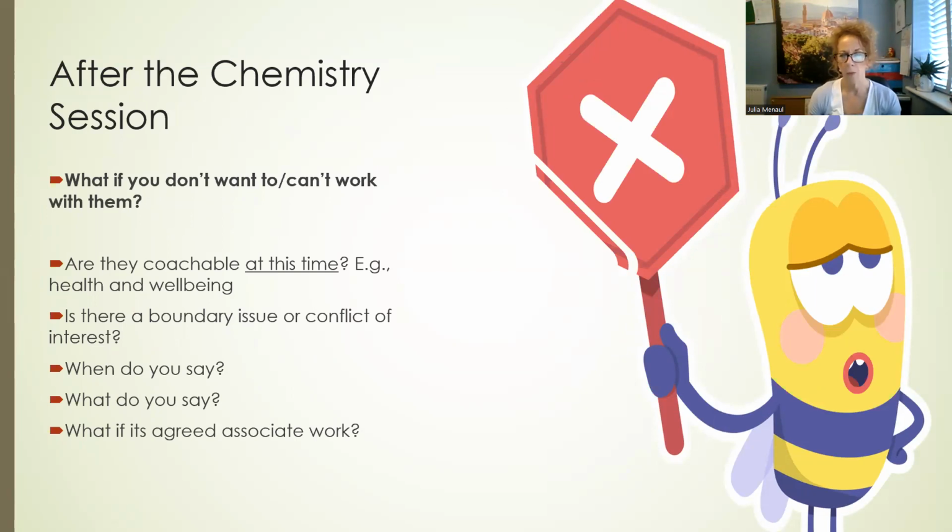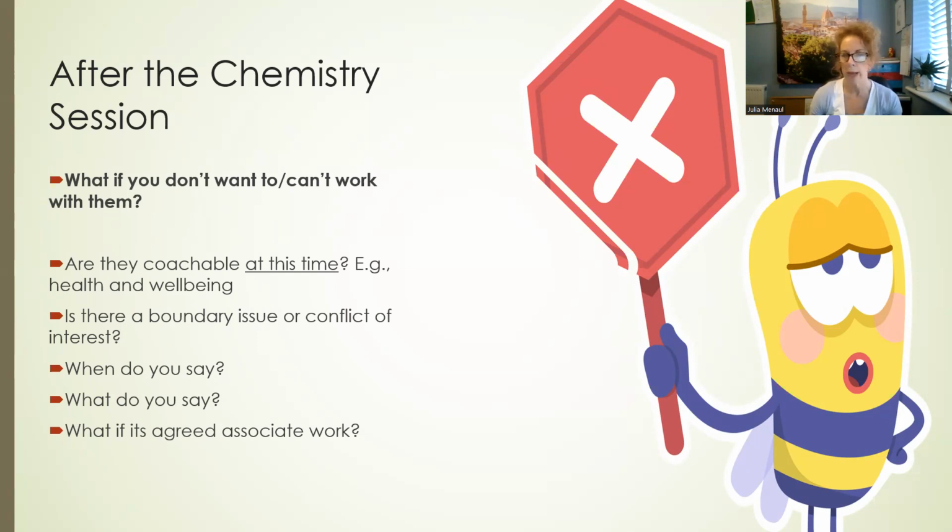Now you might be thinking, well, what would that be? And particularly when you are new, you're trying to get clients, you may not necessarily see that there are some people that it's not a good idea to work with. There's a couple of blogs on my website called Can't Coach, Won't Coach that looks at the people who you shouldn't work with, like the under 18s, people who you already know.